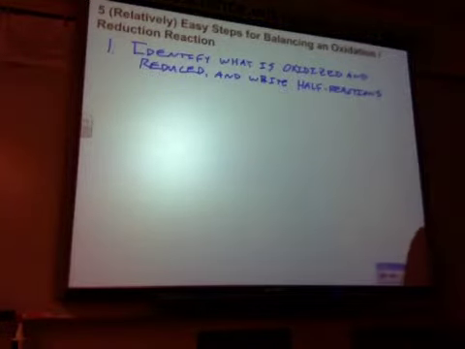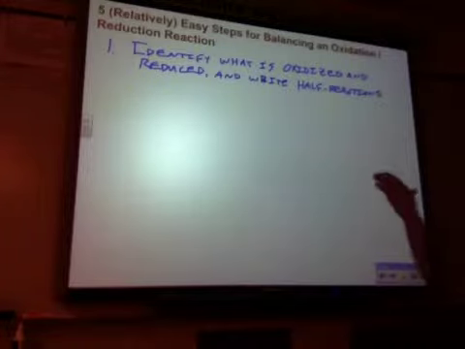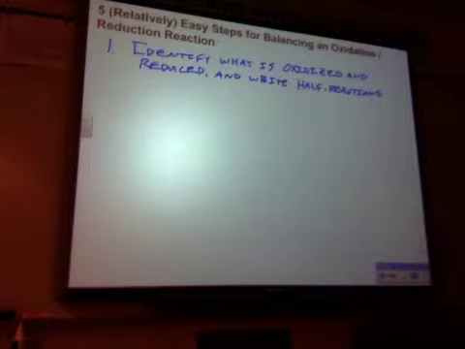Okay? For once, the first step in solving the problem is not to write a balanced chemical reaction. So this is the exception. This whole process is about how you write the balanced chemical equation for something like this. Well, yeah, technically, this whole process gives you the end result of a balanced chemical reaction, yes. Okay? You with me so far?